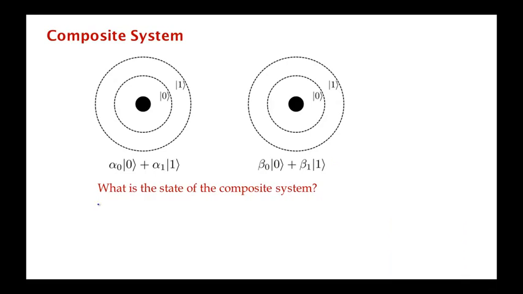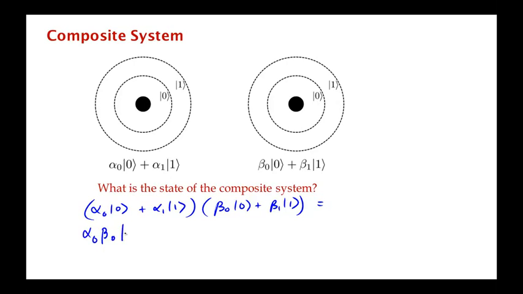Well, the answer is very simple. What you do is you just take a product of these according to this rule. It's sort of the obvious rule. So the amplitude of 00 is just alpha 0 times beta 0.